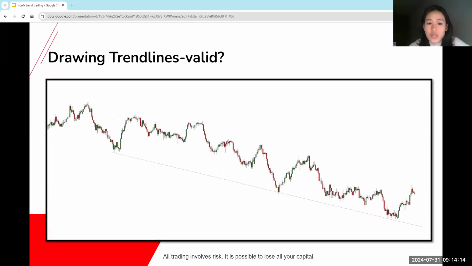Okay, so let me know in the chat if you guys think that this is a valid trend line, keeping in mind everything that we just went through.